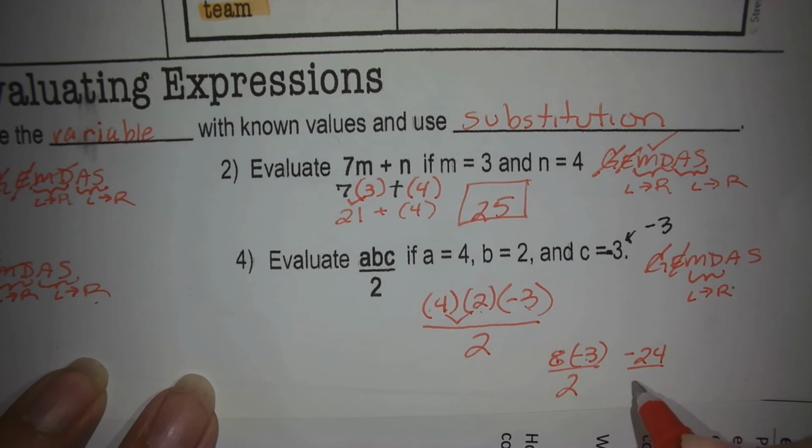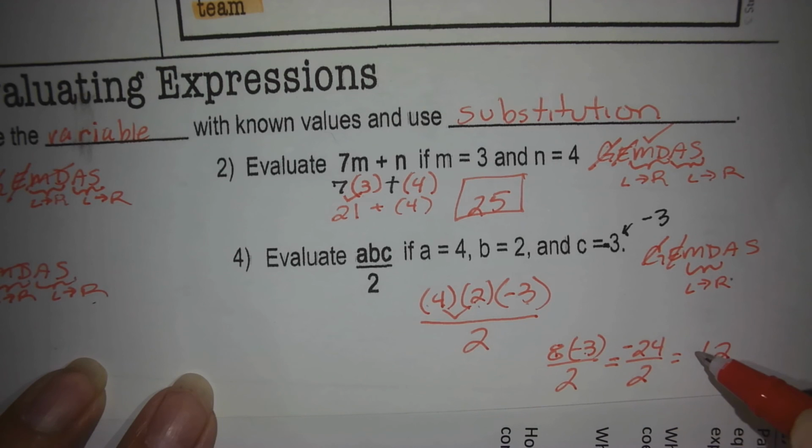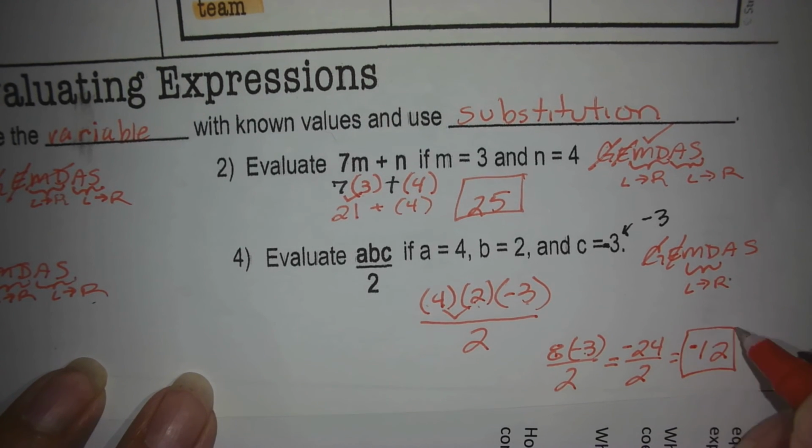And then we have divided by 2. Now we're with negative 24 divided by 2. Well, 24 divided by 2 is 12, and a negative divided by a positive is negative. And that is our answer.